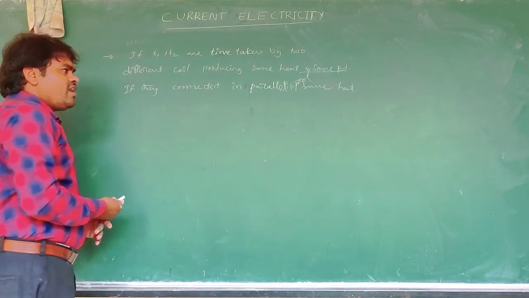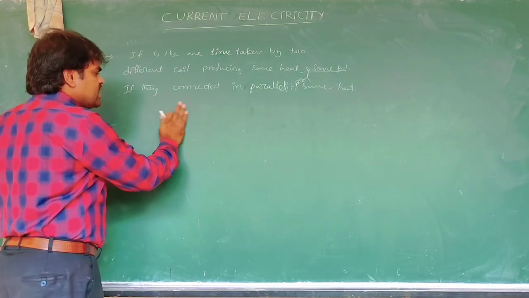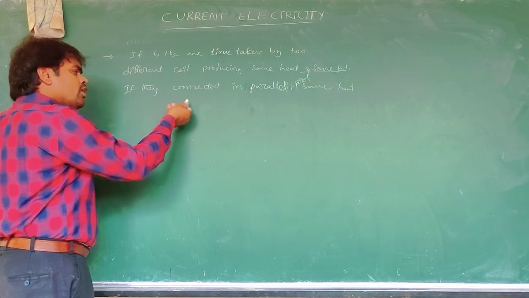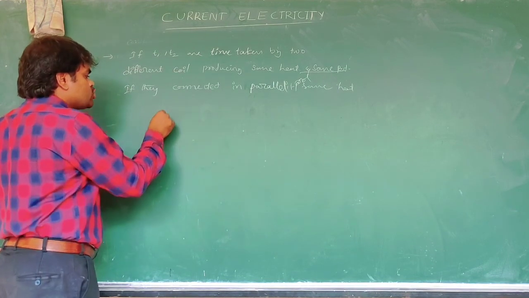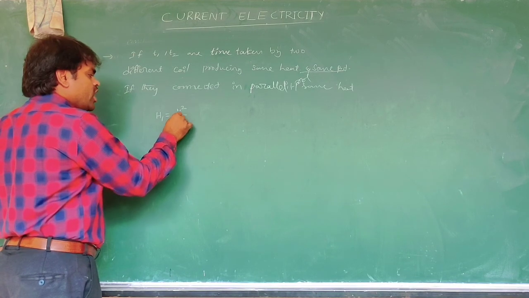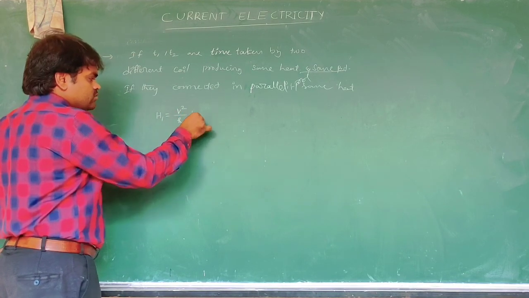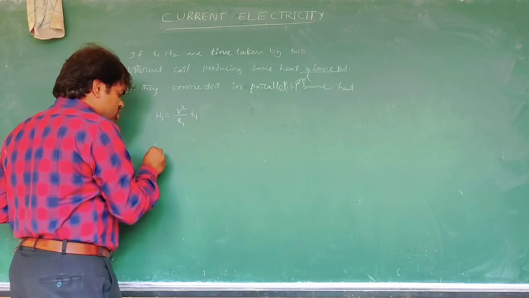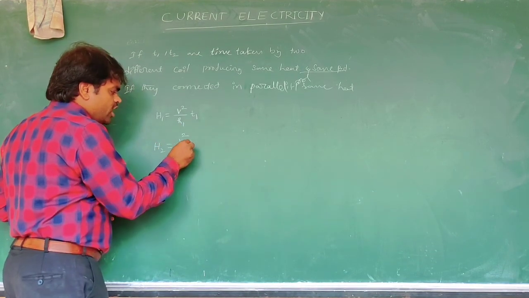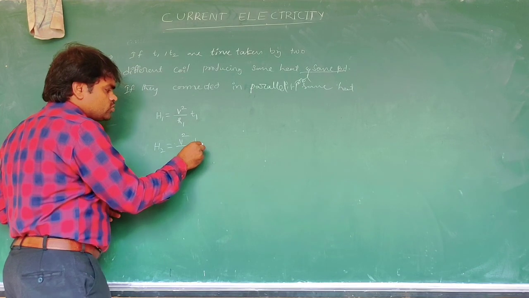Then with the same formula, V is the same potential, H1 is equal to V square by R1 T1, and H2 is equal to V square by R2 into T2.